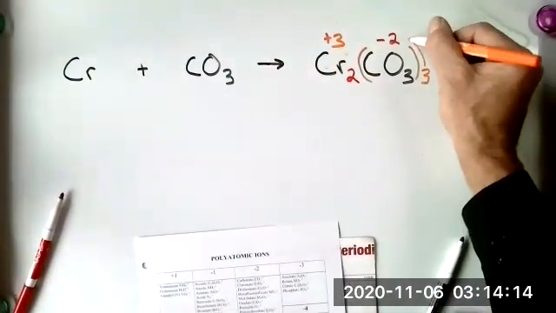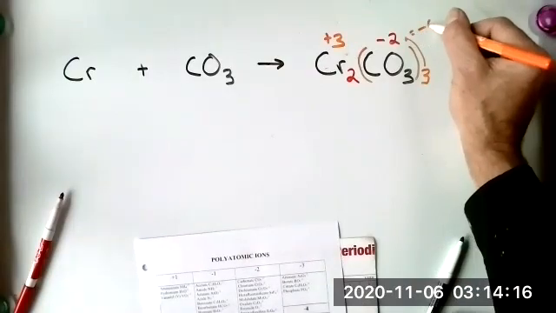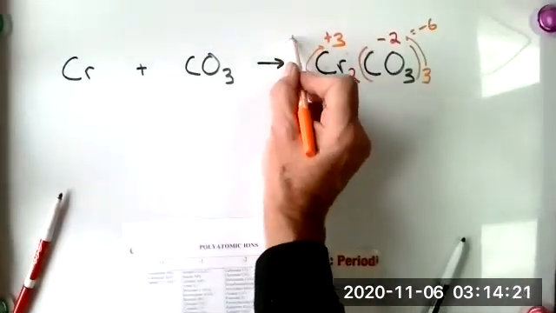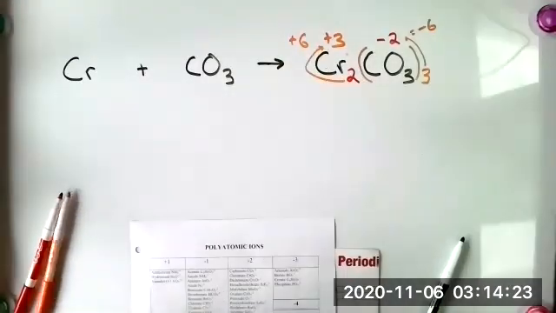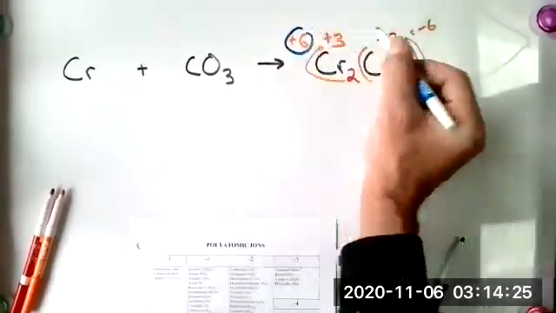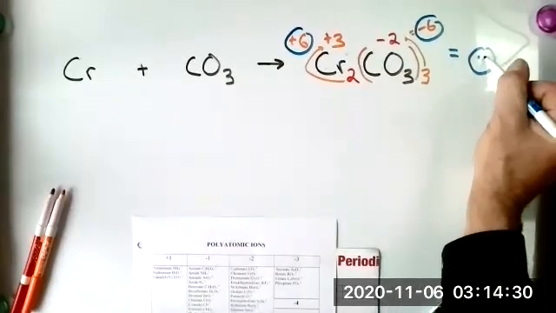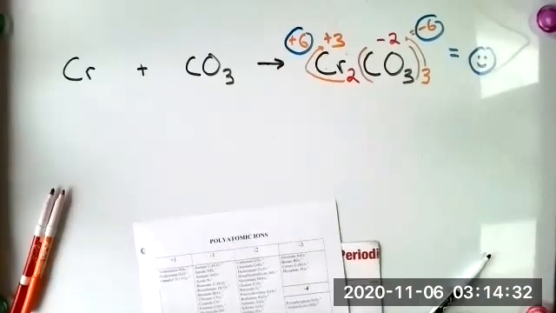Because 3 times -2 is -6. And then 2 times +3 is a +6. And a +6 added to a -6 is your 4th favorite number, 0.